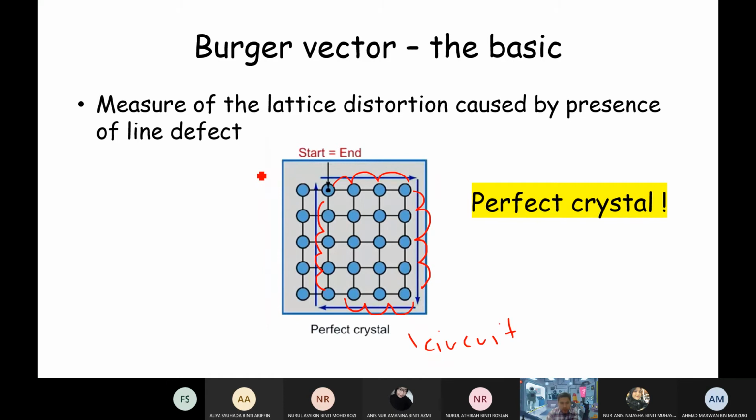What can you conclude here? When we move around this circuit, our starting point is the same as our endpoint. So this is what we call a perfect crystal. There is no distortion in the crystal lattice. When the crystal is perfect, we end at exactly the same position as we started.